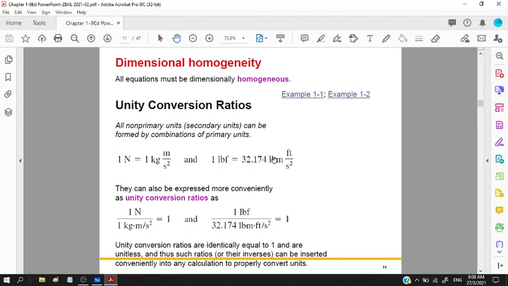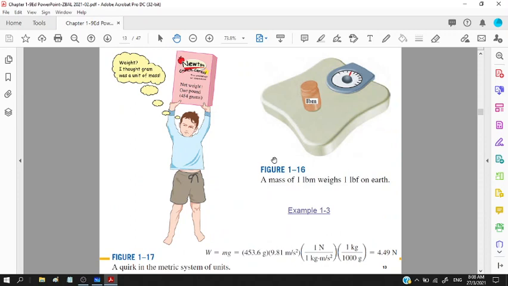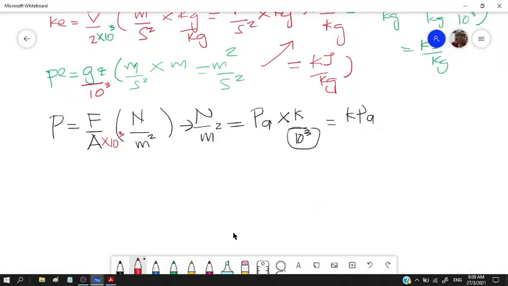So it's very important for us to look in terms of the dimensional homogeneity, and sometimes the unit will also give us the formula that we should use to get a certain parameter. For example, let's say we have density. What is the unit of density? The unit of density is kilogram over meter cube.